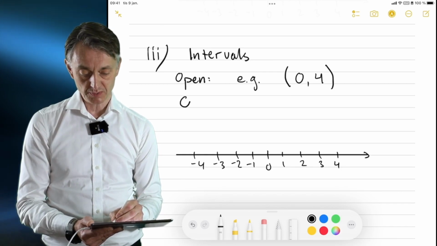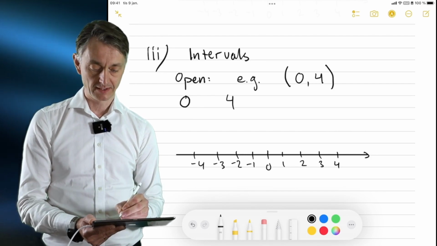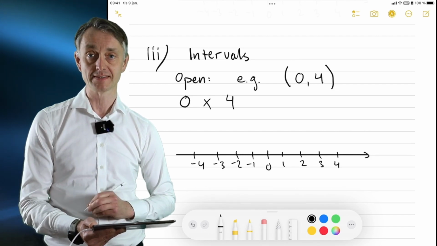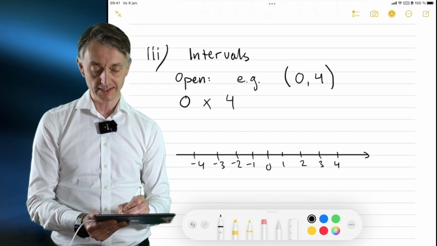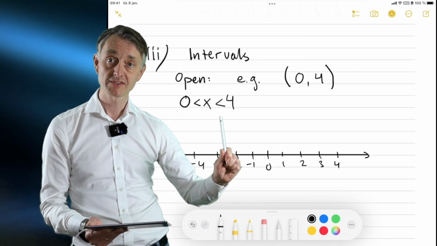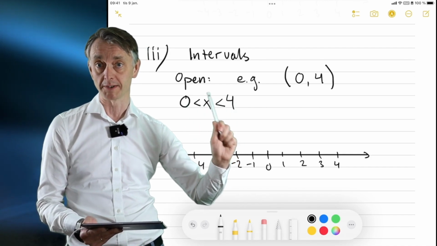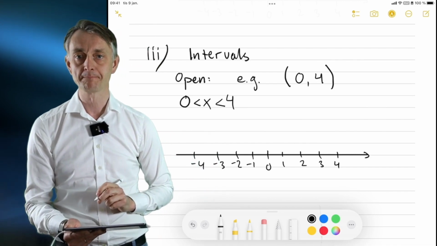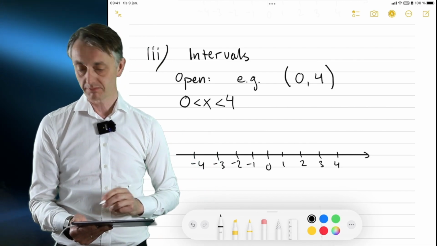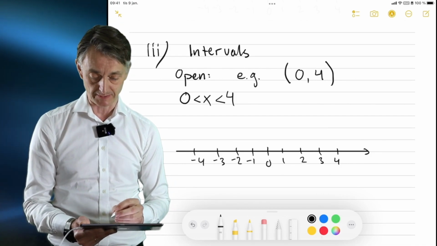It's going to be between 0 and 4, and x is going to be somewhere in the middle. We know that it is bigger than 0, but it is smaller than 4, because this interval doesn't contain 0 or 4.